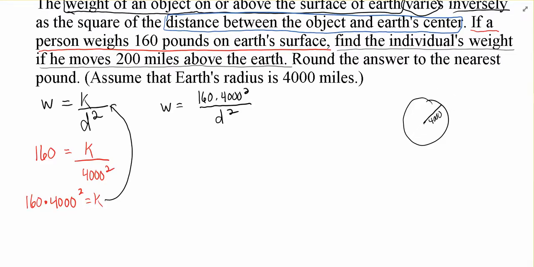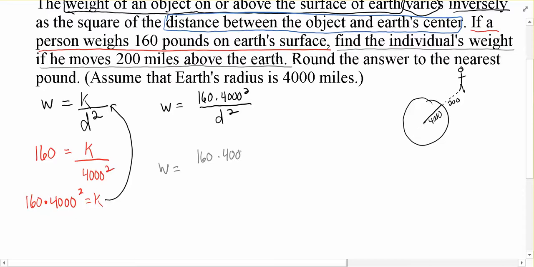Our person that was standing on the surface, this is not drawn to scale, is now 200 miles further. So from the center of the Earth, they're actually 4,200 miles. So that's what we're going to plug in over here: we're going to replace the D in this equation with 4,200.